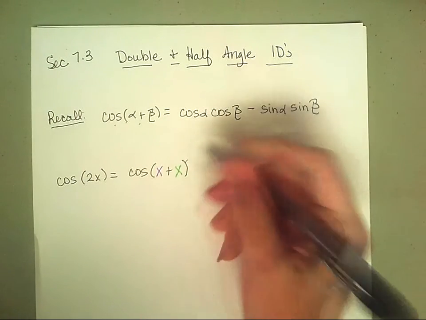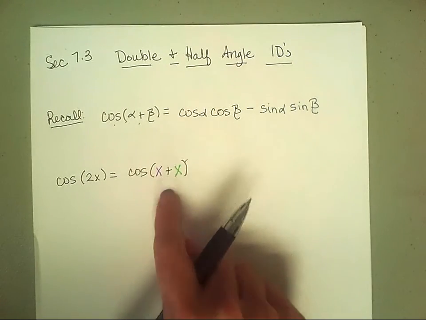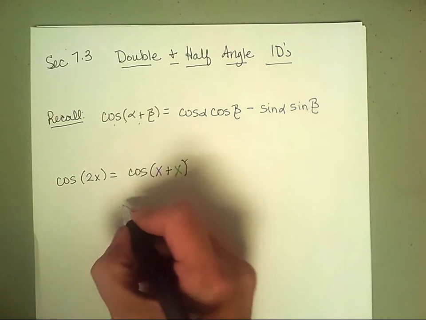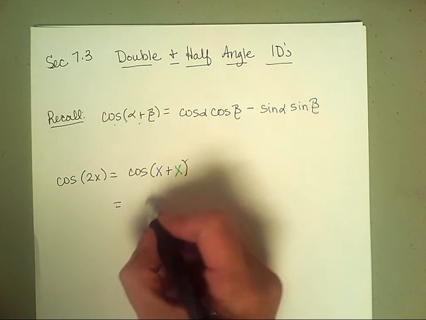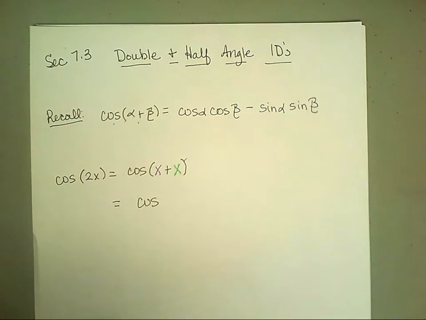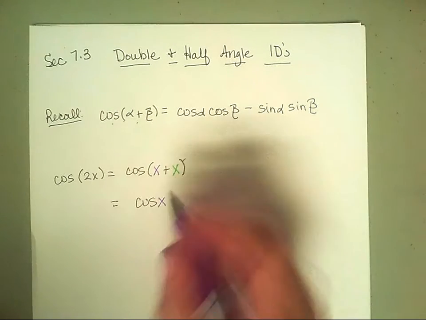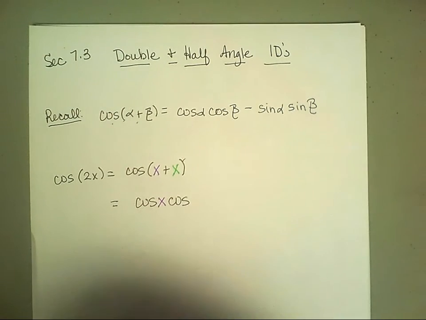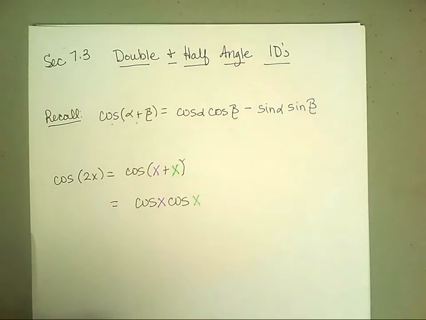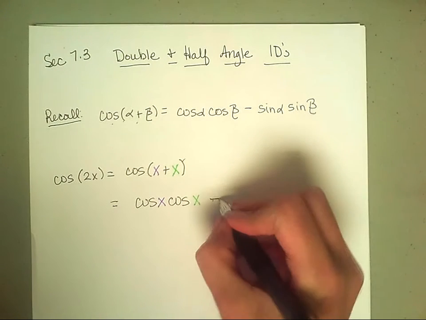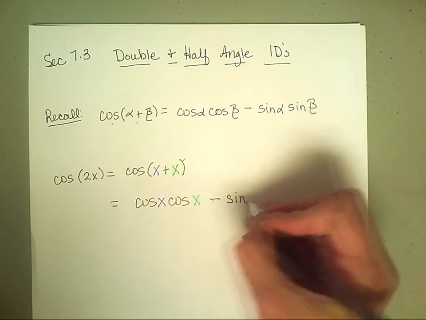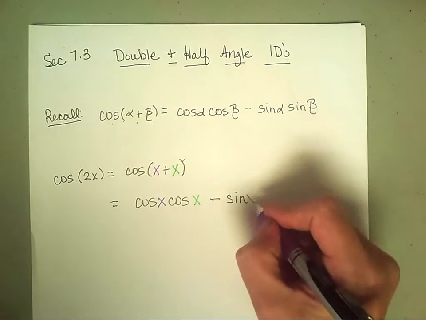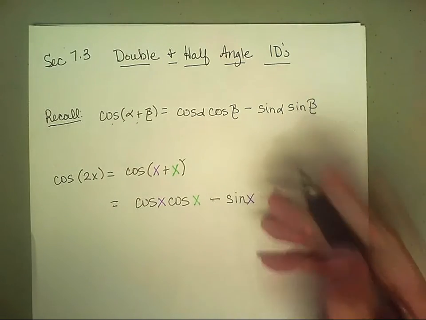So what would happen then if we apply the sum formula to the cosine? Well, we'll have to take the cosine of the first, which is just x, and then always the cosine of the second, which is again x. Then we would subtract the cofunctions, the sine of the first and the sine of the second.